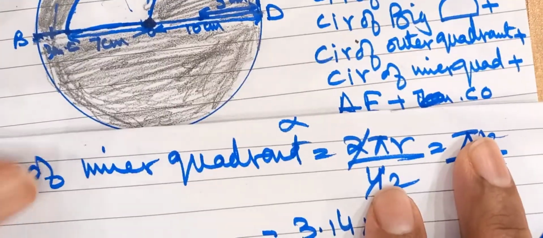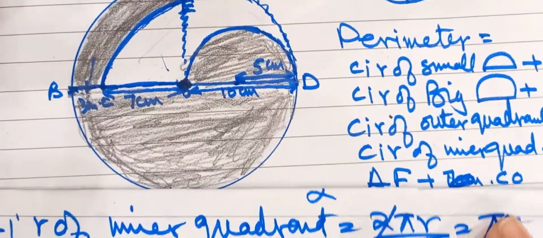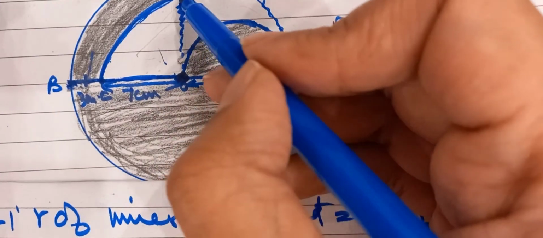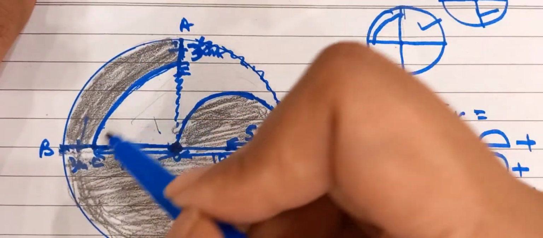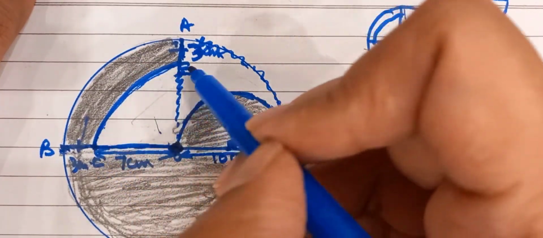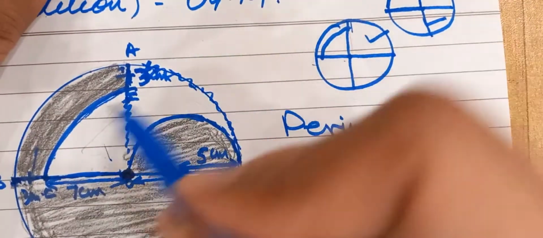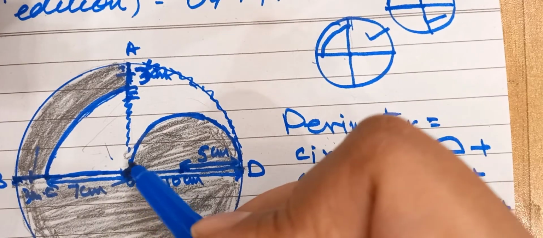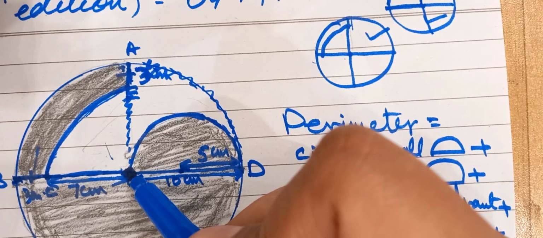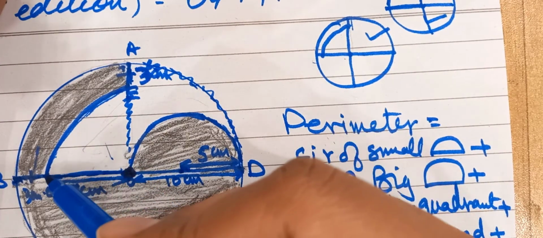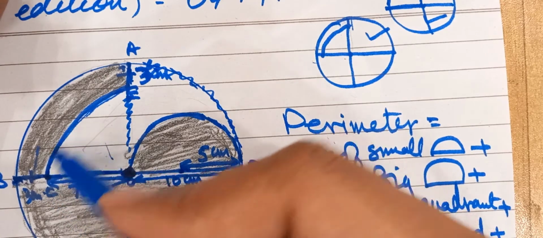I have to find out the radius of this inner quadrant. So the radius will start from here and end till it reaches this inner quadrant.